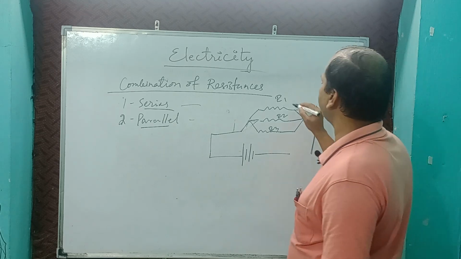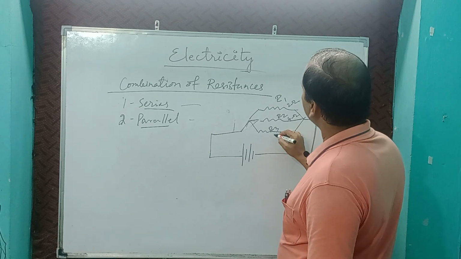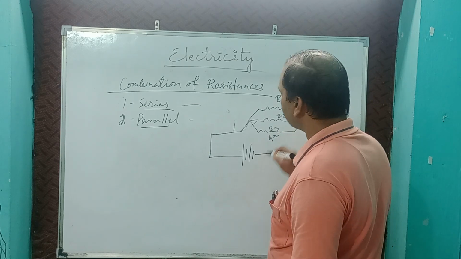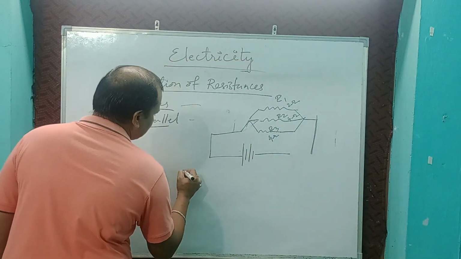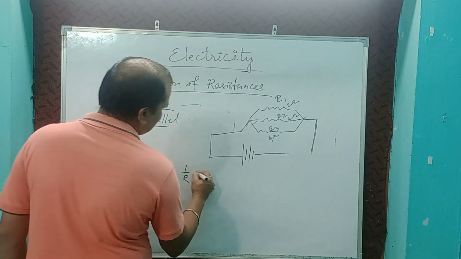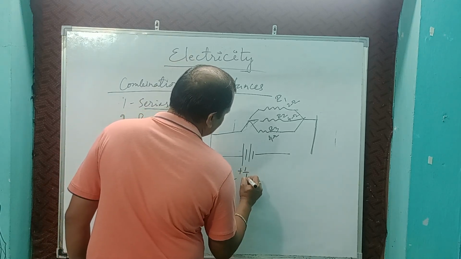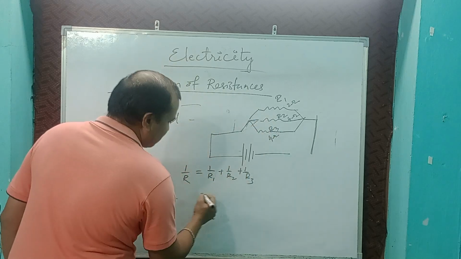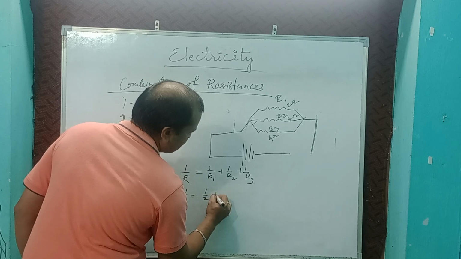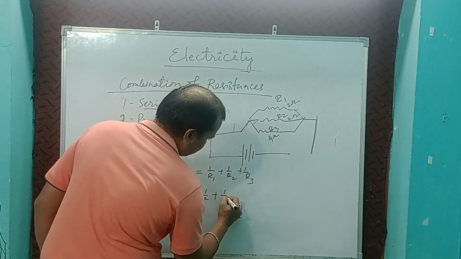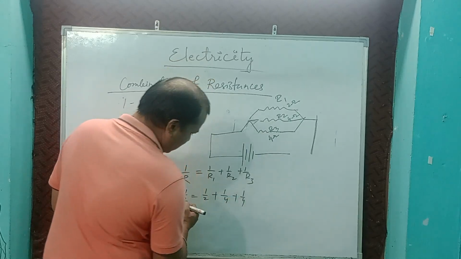Suppose this is 2 ohm, this is 4 ohm, and this resistor let us take 4 ohm. Then how can we find the total resistance of this circuit? This is the formula: 1 by R is equal to 1 by R1 plus 1 by R2 plus 1 by R3. So 1 by R is equal to 1 by 2 plus 1 by 4 plus 1 by 4. Clear?